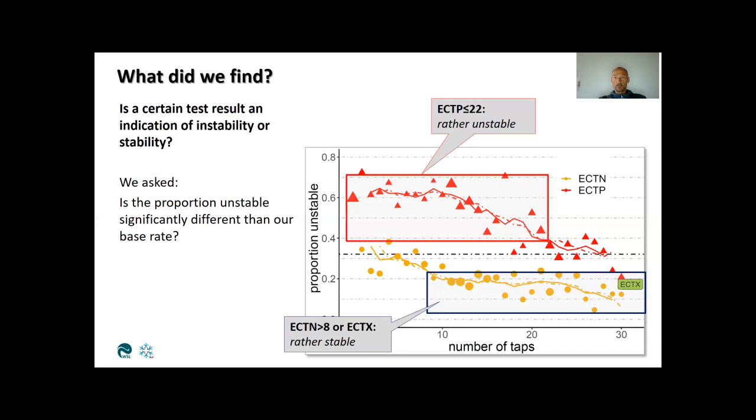And there are some ECT result combinations which are in the middle and very close to our base rate. This is ECTP with more than 22 taps required, or ECTN with less than 8. Those are a mixed bag of unstable and stable, a class in between.